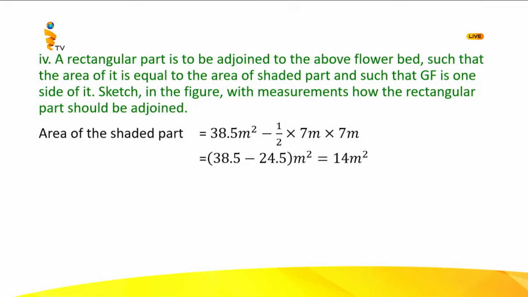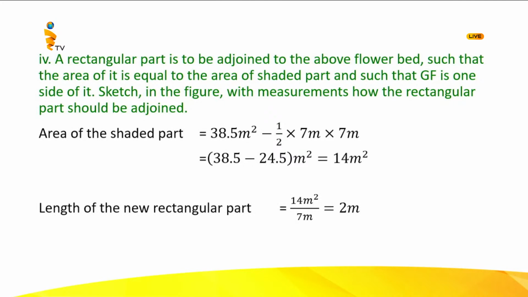And in the question they say you have to attach this rectangle such that GF is one side of it. That means one side of the rectangle should be equal to 7 meters. Either it can be length or breadth. So, if you find the length of the new rectangular part, actually it should be the breadth because it is less than GF.